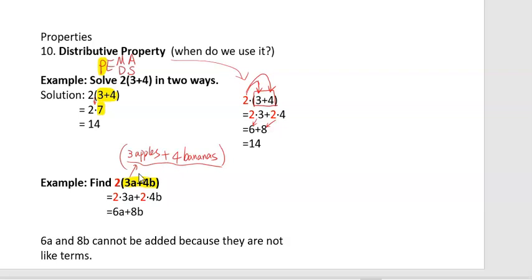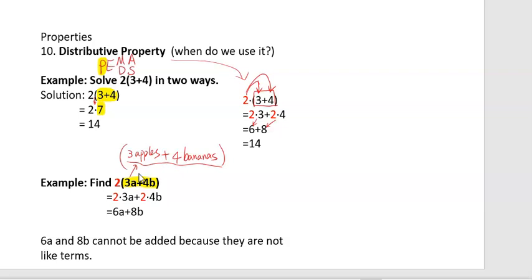So we have to leave them as 3a plus 4b. For algebraic expressions, if the letters don't match, they represent different items, different units, and they cannot be added together. So the first method doesn't work anymore, but the second method works.